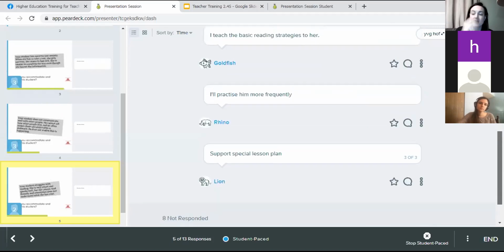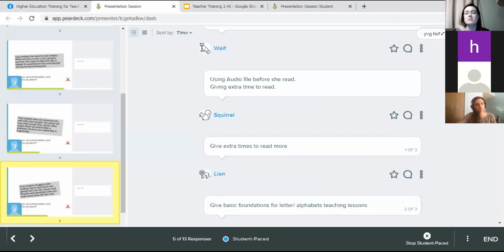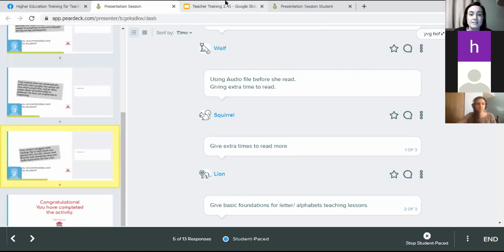Yeah, support a special lesson plan. Maybe also giving them letters in bigger font. Audio is a good example. Maybe having them closer to the board might make it easier for them to read. Okay, excellent.